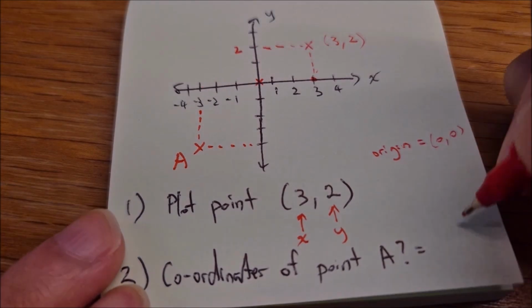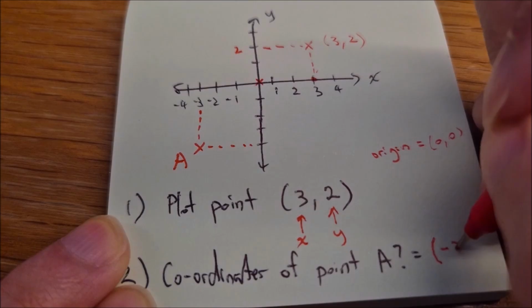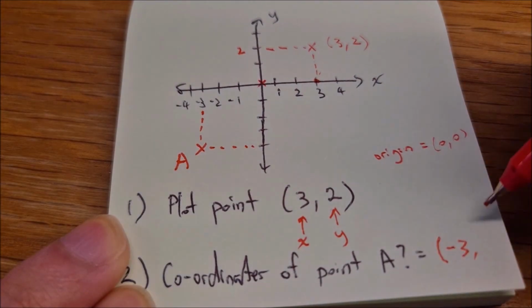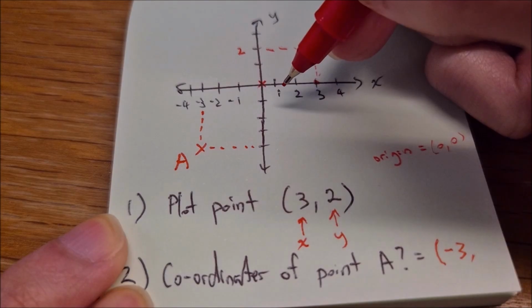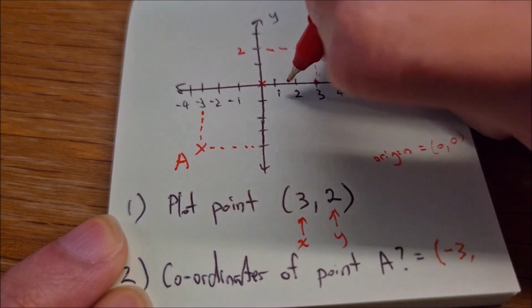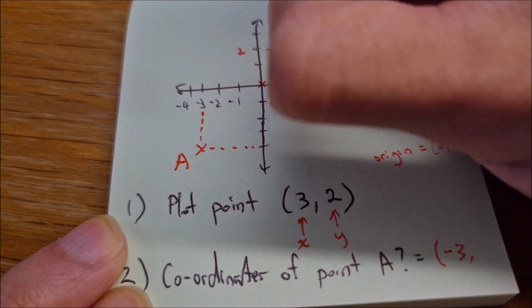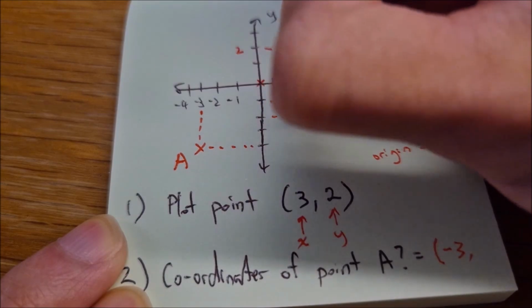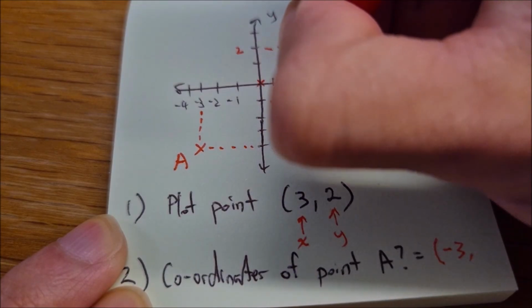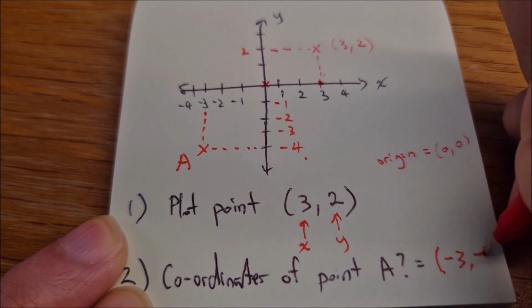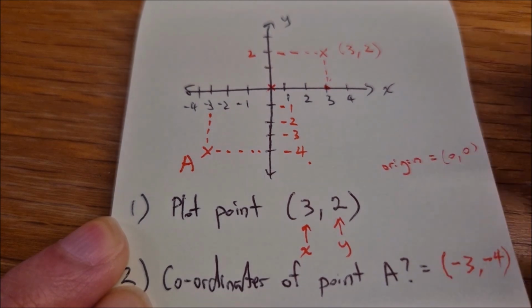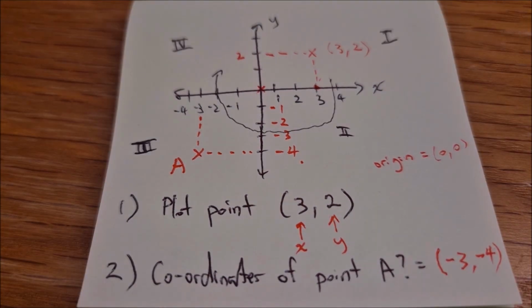So we can put -3 as x always goes first, and then we just need to locate where it is on the y-axis. So this would be -1, -2, -3, finally we have -4. So it would be -3 and -4. And we can leave it there.